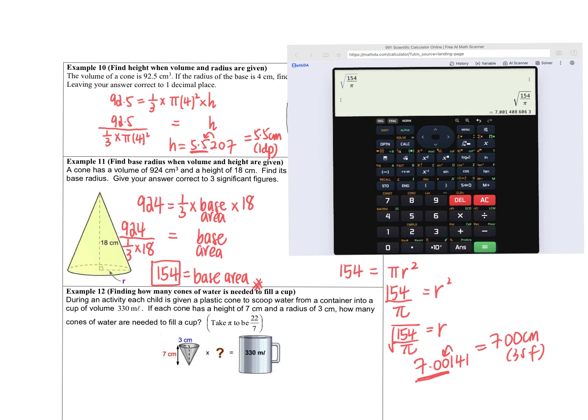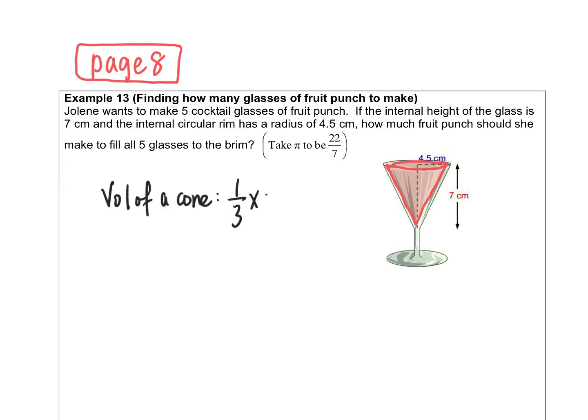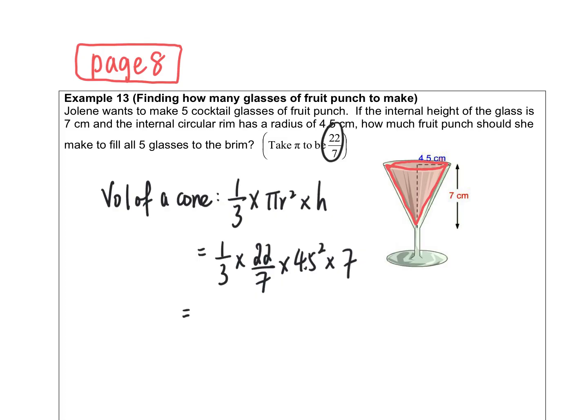One third times the base area times the height. So this formula is given on the first page. So you can just use it. So pi, they say take it to be 22/7. Radius is 4.5. Height is 7. So just key the whole thing into the calculator. It should be a nice fraction.